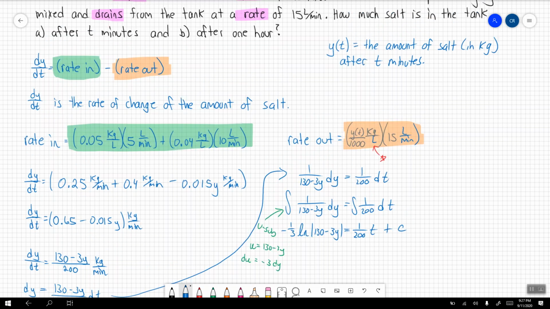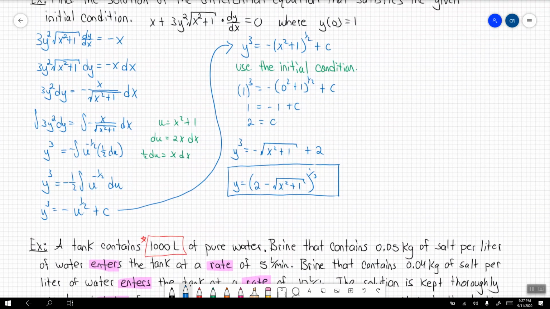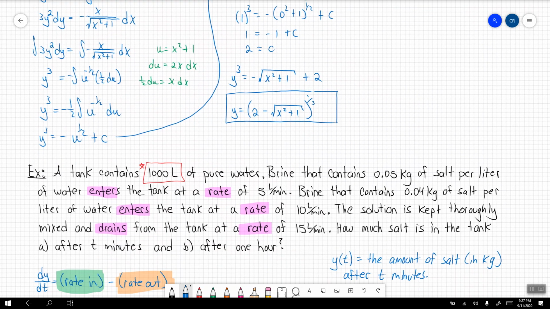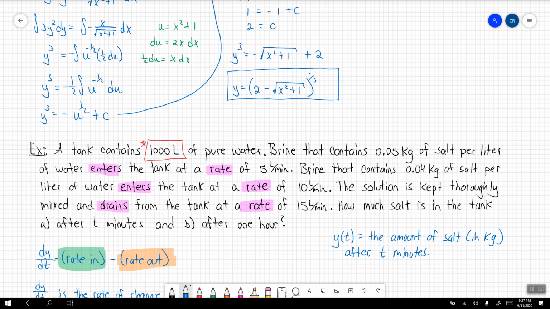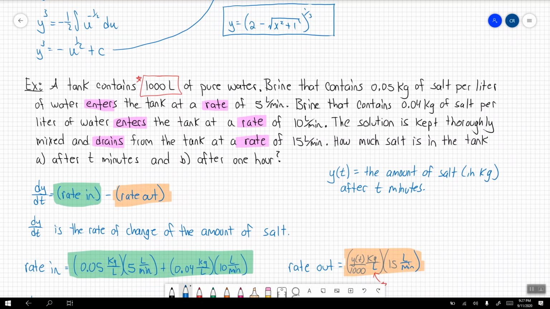Now, remember, as we did with the last problem, as soon as we were able to integrate and get y by itself, we were able to use that initial condition. We want to use the same thing here, because we're trying to find how much salt is left in the tank after t minutes. Notice that the tank is going to contain 1,000 liters of pure water.